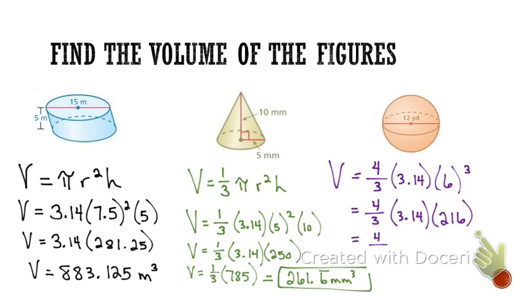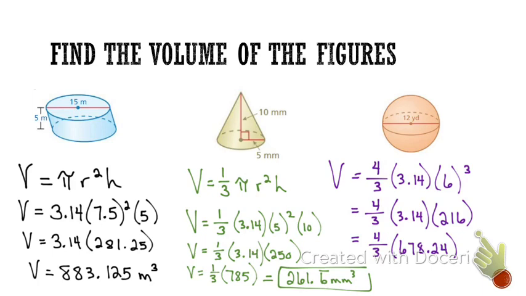So that 4/3 is still there, times 678.24. Now in the last problem, my numerator was a 1, so I just needed to divide by 3. Now what I want you to do is multiply the numerator by that number. So you're going to multiply that by 4, and then because it's a fraction, we're going to divide by 3. That will give us our answer.